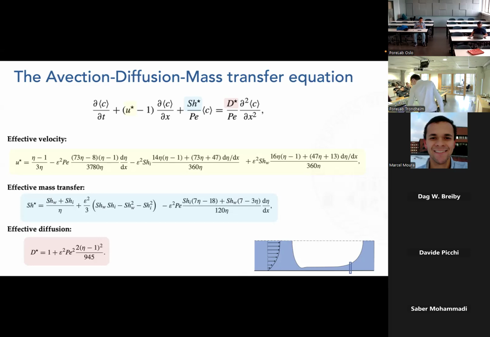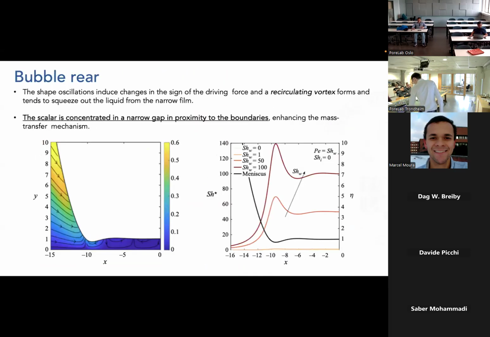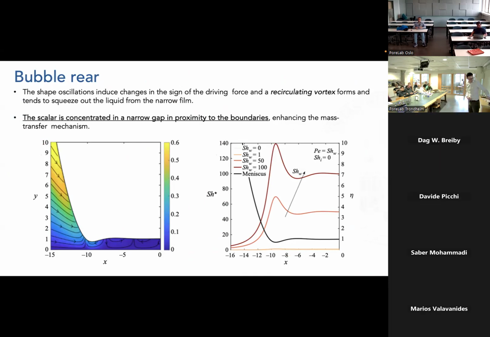And if we go to the last plot in the rear of the bubble, when we have this oscillation, this is the plot of the effective Sherwood number. So Sherwood number is 1/eta. And since here eta oscillates around, it can be bigger than 1 or smaller than 1, this is what is giving you this oscillation here in the back.